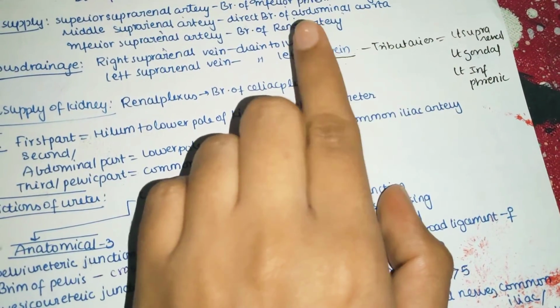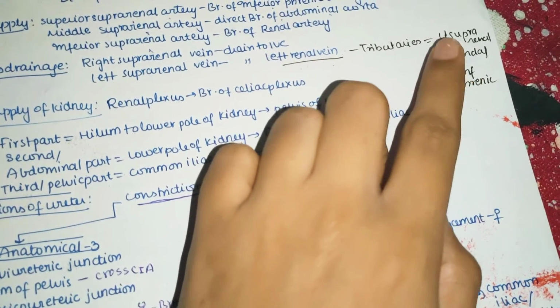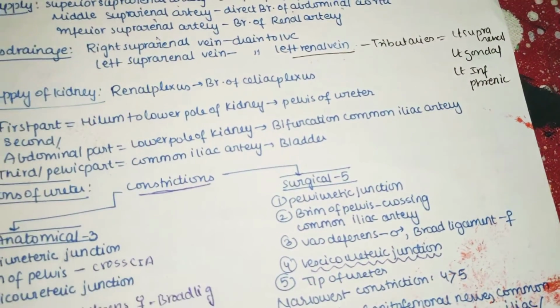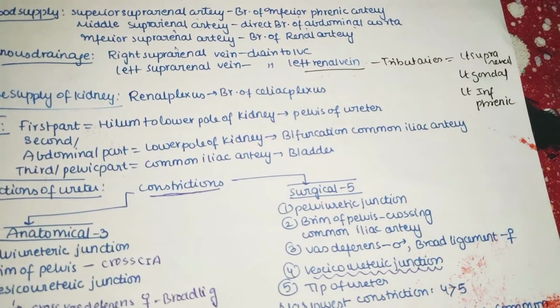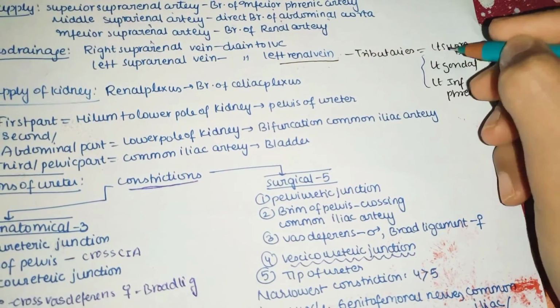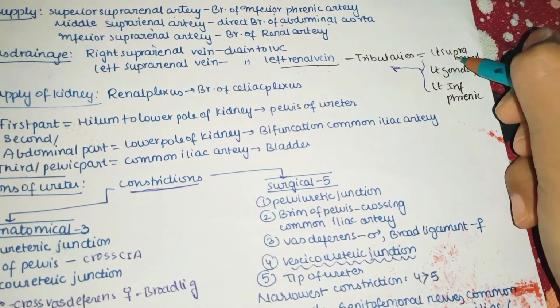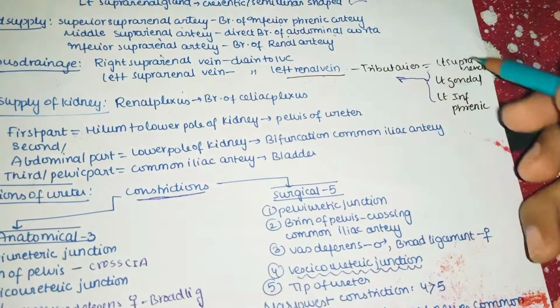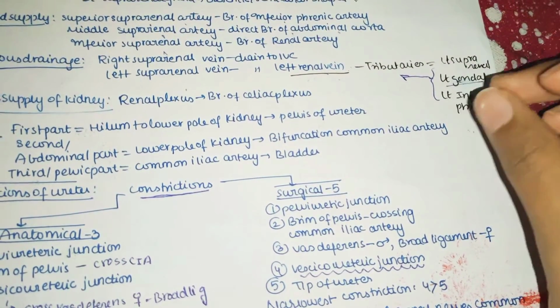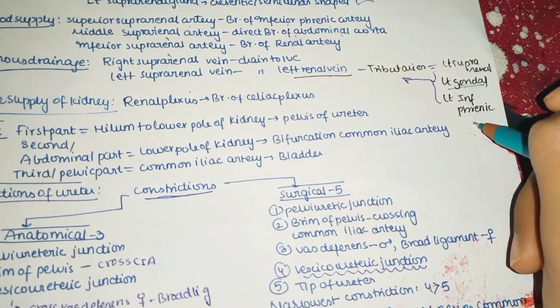So the tributaries of left renal vein are left suprarenal, left gonadal, left inferior phrenic. So these are the three tributaries, means they will also drain into the left renal vein. That is left suprarenal, we already discussed, now left gonadal vein, and the left inferior phrenic vein.